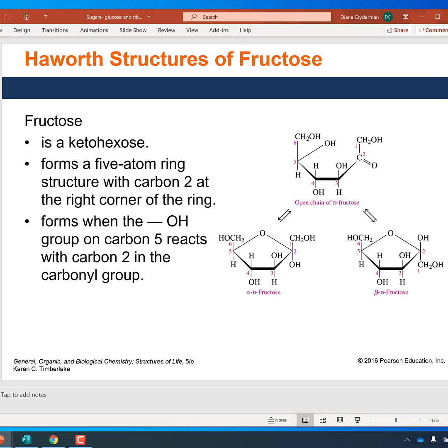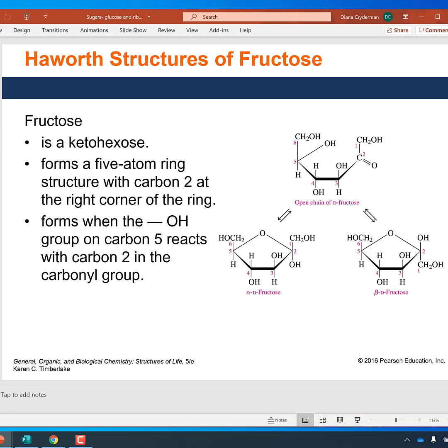Fructose is going to be a little bit different. Fructose had a ketone, so it can still form a hemiacetal, but it's not forming it with an aldehyde. It's forming it with a ketone. And remember that ketone was on carbon number 2. So if I can scroll back up, this is going to take a while. Let me mark this was slide 37.